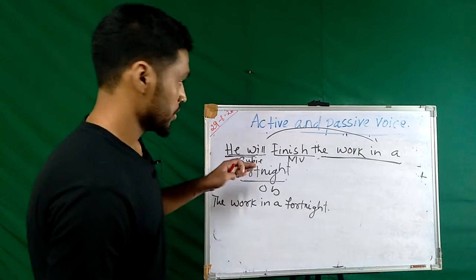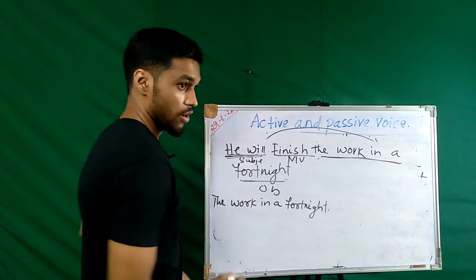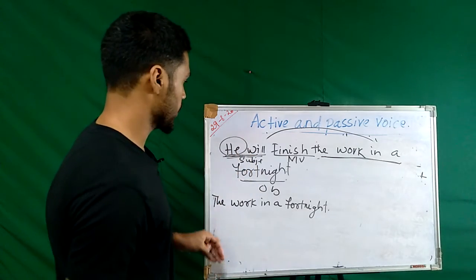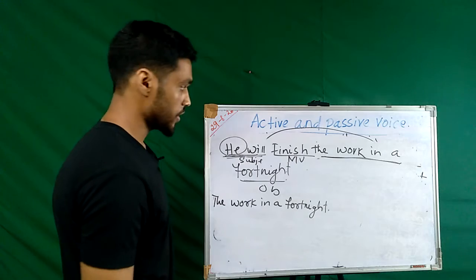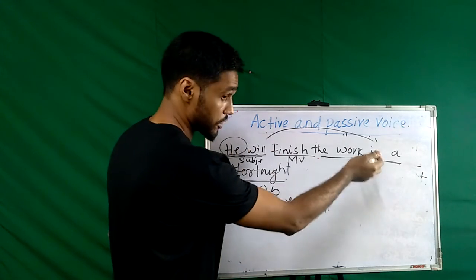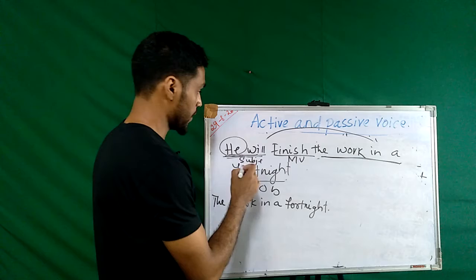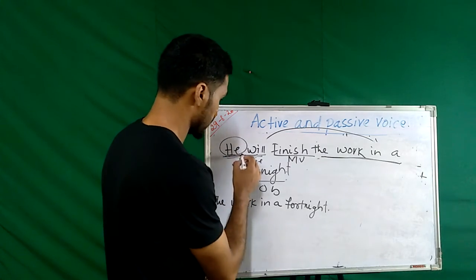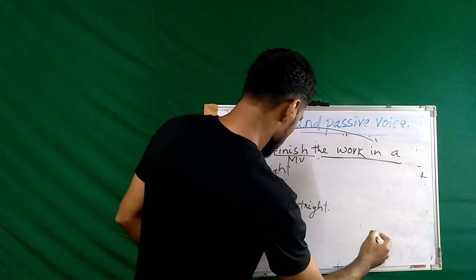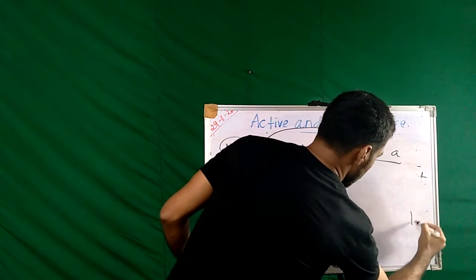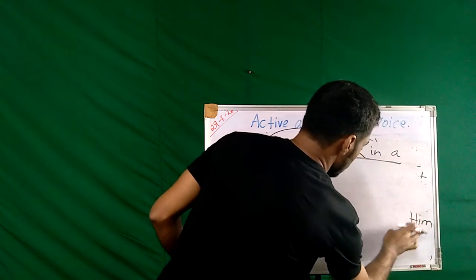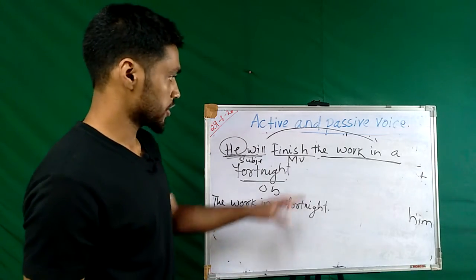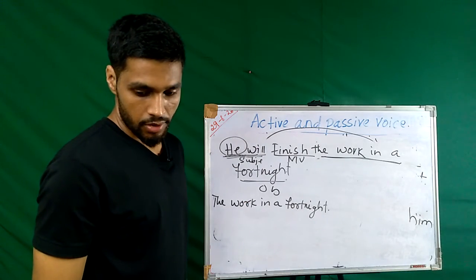I told you, if the active voice is having pronoun he or she or it as subject, then when it is converted to passive voice, we have to write the objective pronoun of he, right? Therefore, he will be him. This is the second step that we have followed.